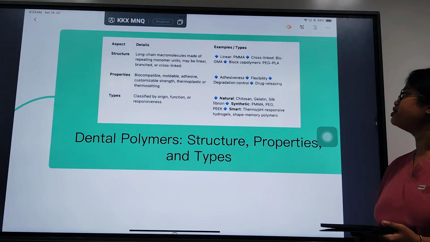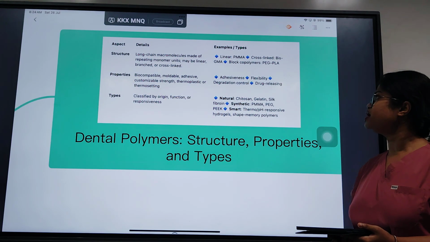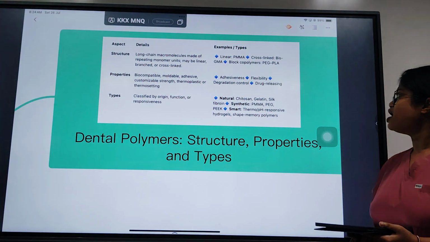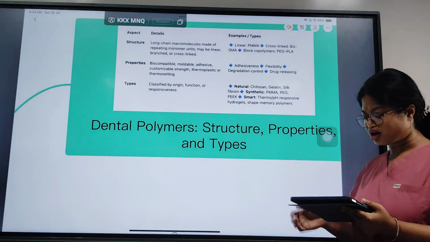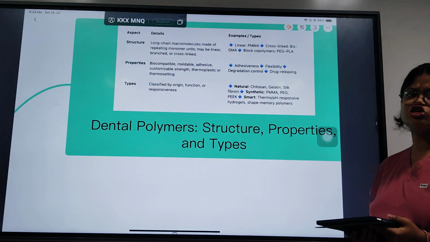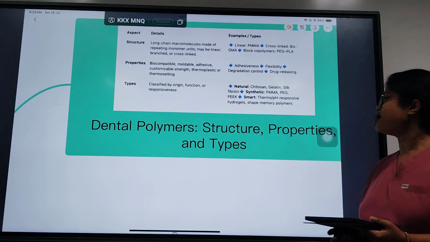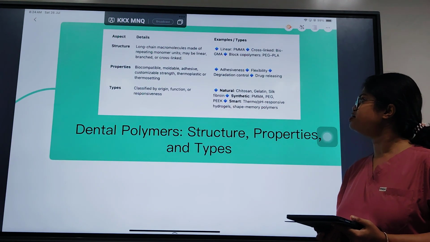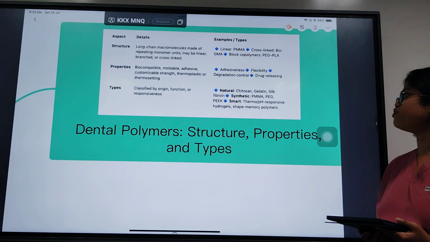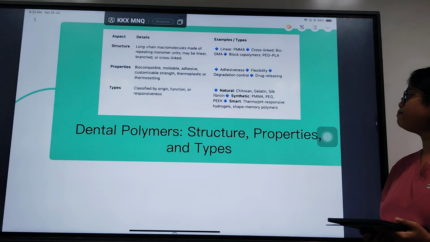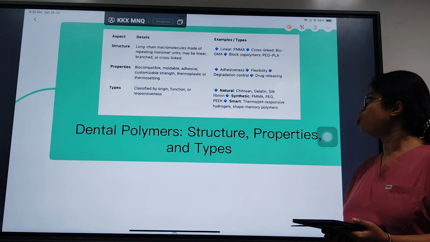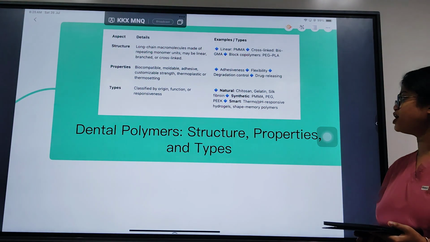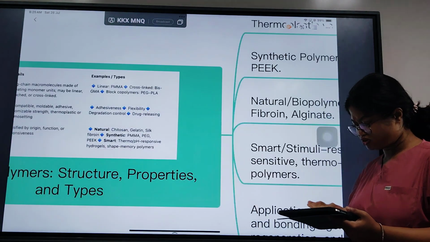Flexibility and degradation control can be done, and drug releasing properties can be modified. They are classified on the basis of origin, function or responsiveness. The examples are natural: chitosan, gelatin, silk fibroin; synthetic: PMMA, PEG, PEEK; and smart, thermoresponsive or pH responsive, such as hydrogels and shape memory polymers.